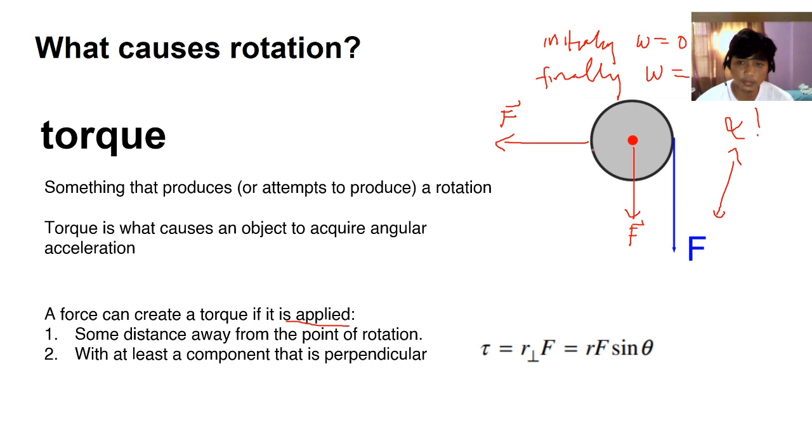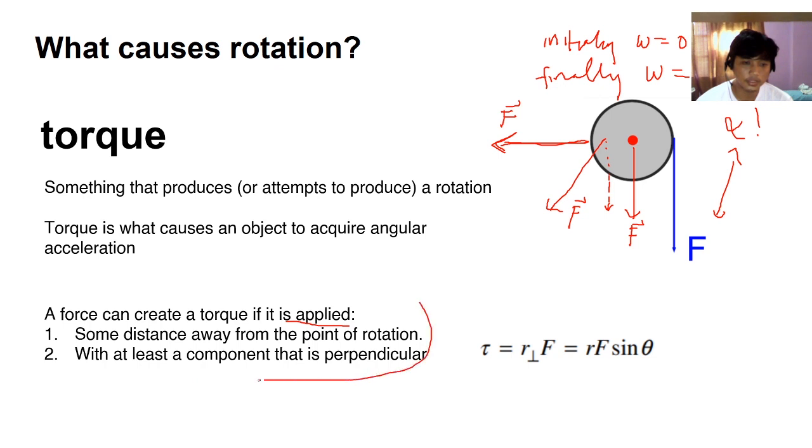So you can apply a force like this, and that's okay. That pulley will rotate, even if it's not fully straight down, because at least a component of this force is straight down. The example I gave earlier, wherein the force is to the left, doesn't have a component pointing down. That will never cause this pulley to rotate.